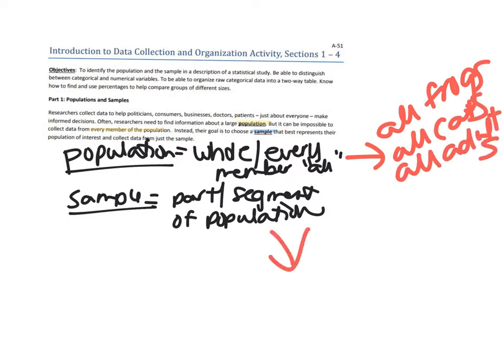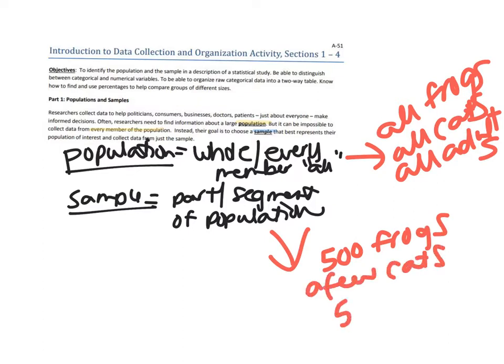Whereas for sample, I'm specifically either going to give you a number, like 500 frogs, a few cats, 52 adults, or I'm going to narrow it down to a specific part of your sample, like a few cats or some cats.